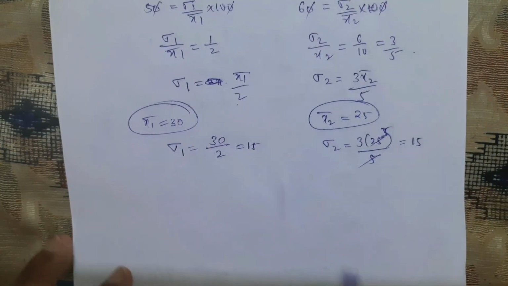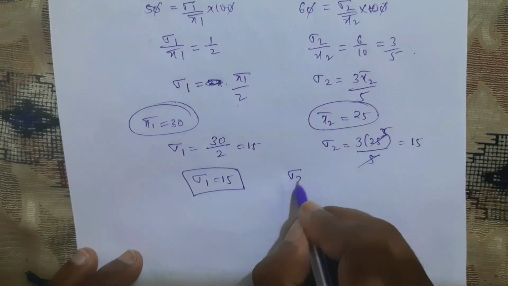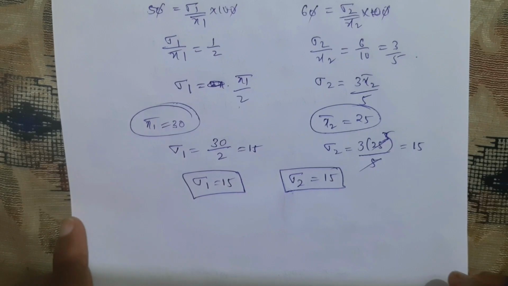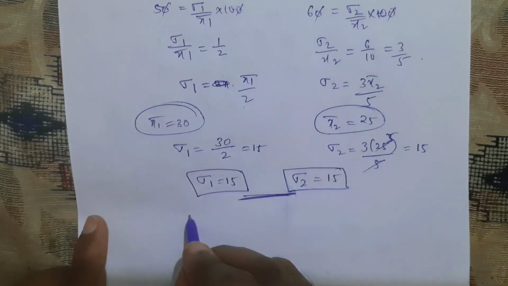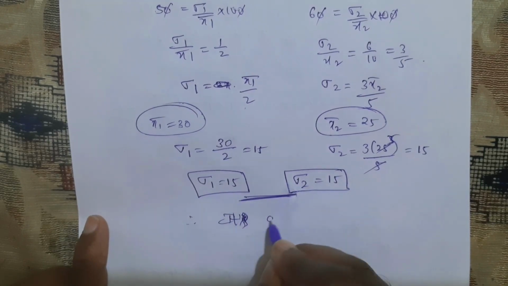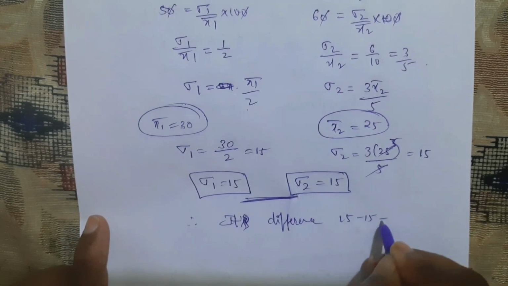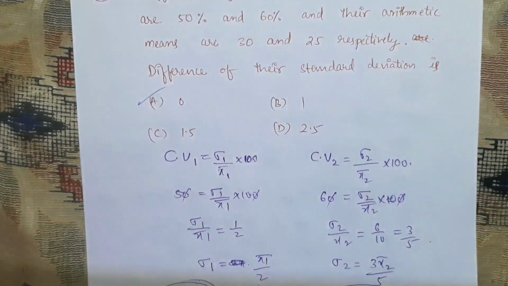See here, sigma 1 we got 15, right, and sigma 2 we got 15 again. That means for those two distributions there is no change in standard deviation. Therefore, what is the difference? 15 minus 15, which is equal to 0, right? So that is option A.